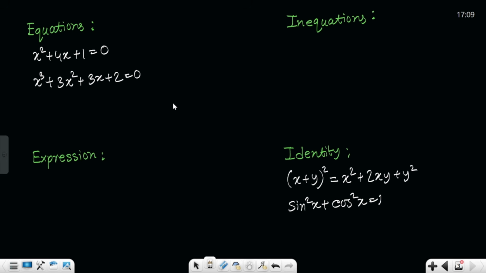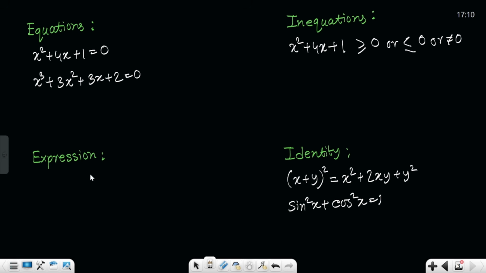So if we write this as an inequation, this will be x squared plus 4x plus 1 greater than 0, or greater than or equal to 0, or less than 0, less than or equal to 0, or not equal to 0. These all are inequations. So I hope you understood about inequations.